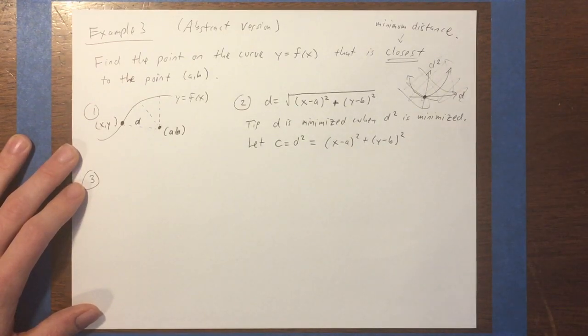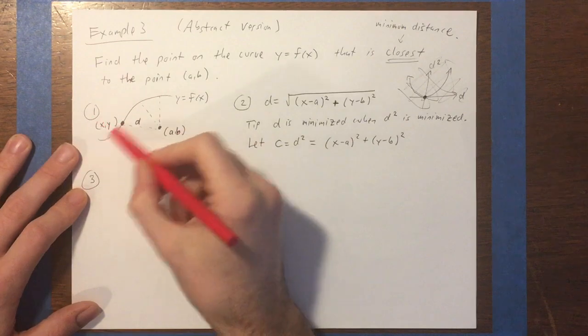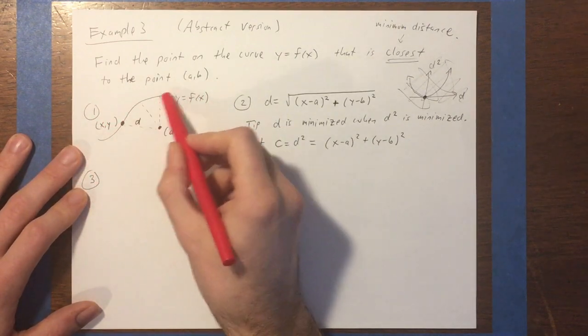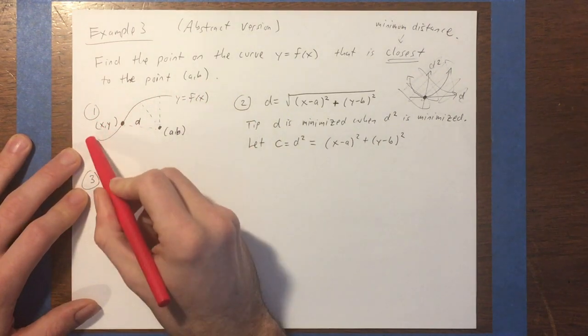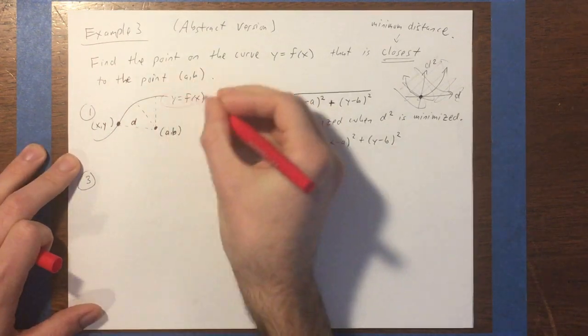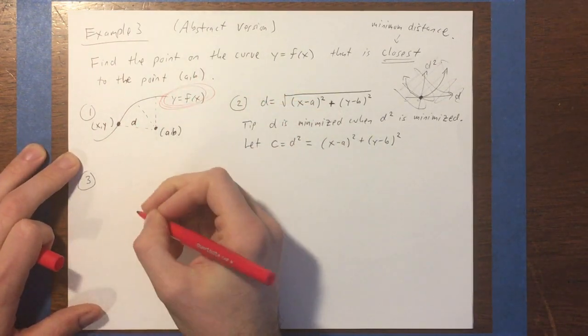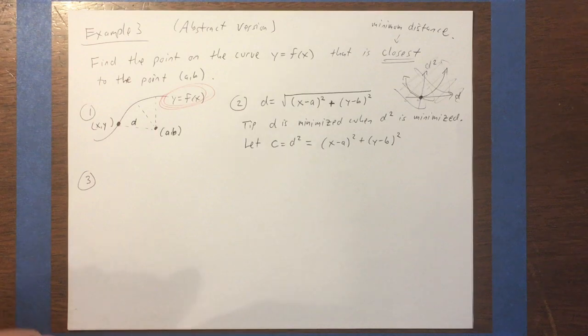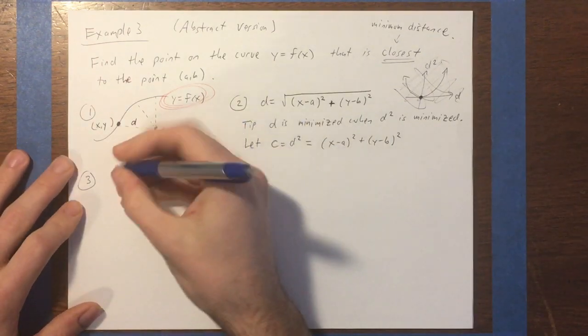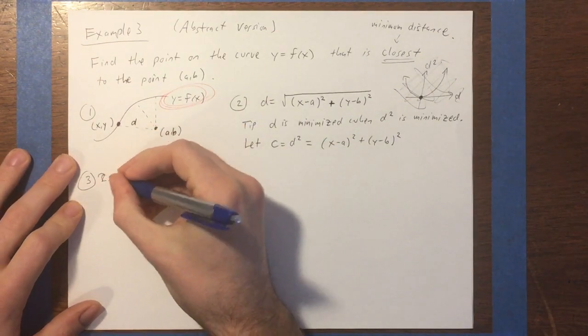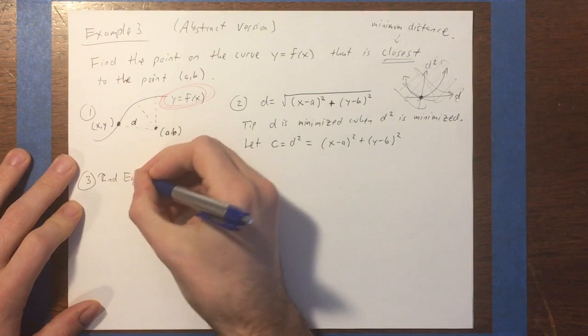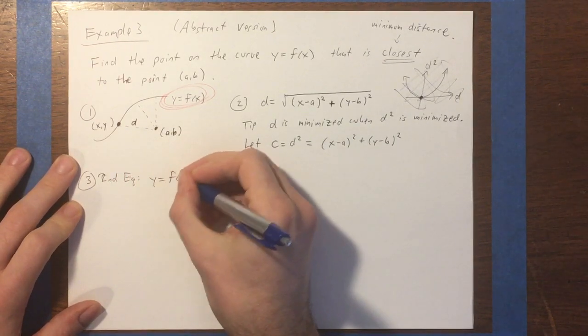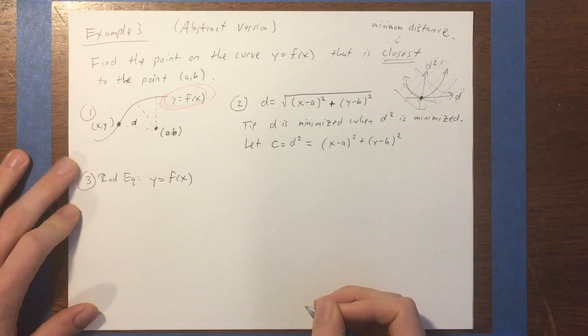Now the constraint has to do with what points (x, y) are possible. And the constraint is that (x, y) has to be on this curve. Okay, that's the constraint. So the secondary equation here, let's write it down, is just y equals f of x. That's all the secondary equation is.